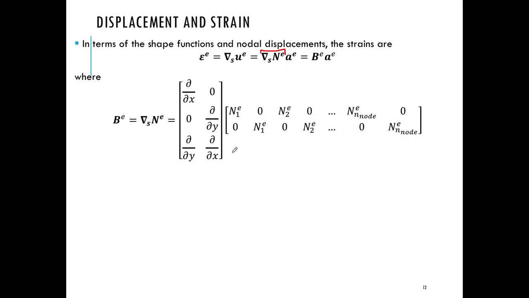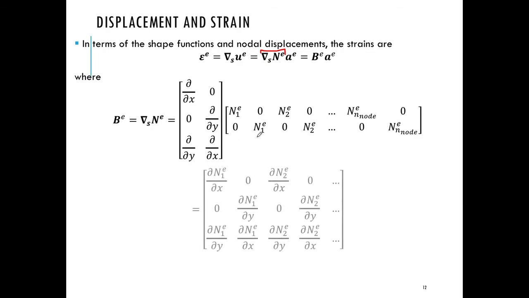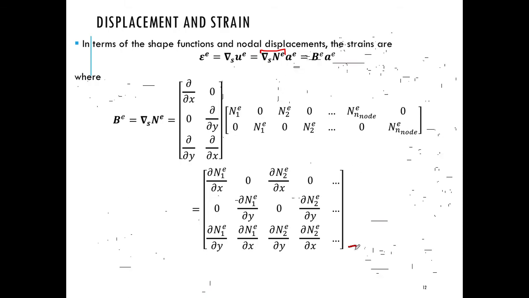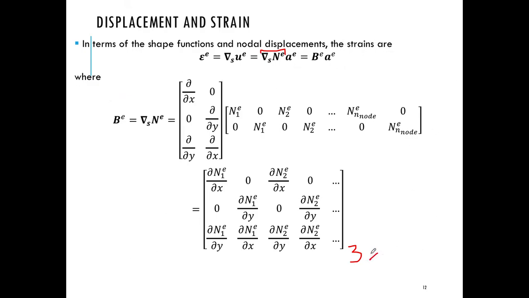If I multiply these two out, my B matrix is something like so. It has these new zero terms popping in, and also note that it is 3 by something rank.